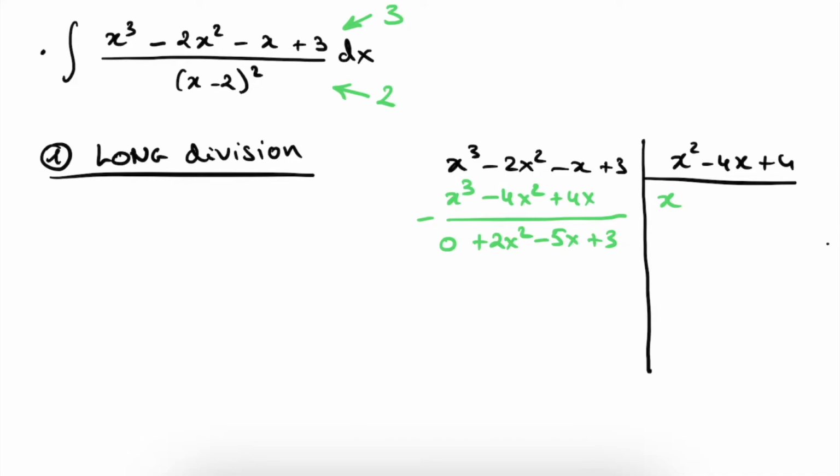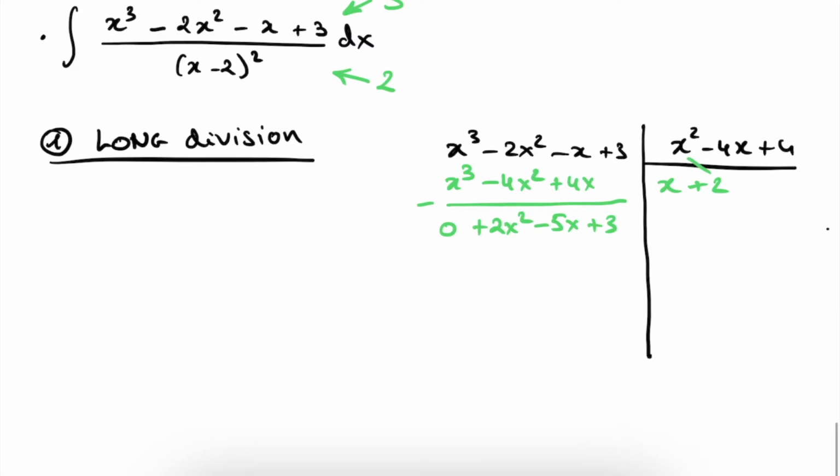And we're not done at this point, because now we can still divide this 2x squared by this x squared here. And we get as a result, of course, 2. Then we again multiply this 2 with each of these three terms, and we get 2x squared minus 8x plus 8. And again, we subtract these two polynomials to get 0 plus 3x minus 5.